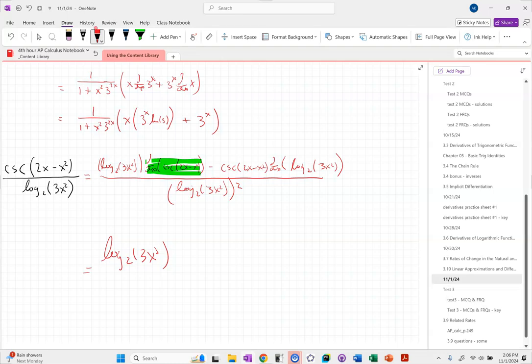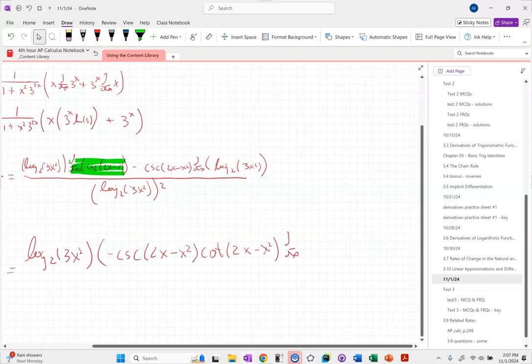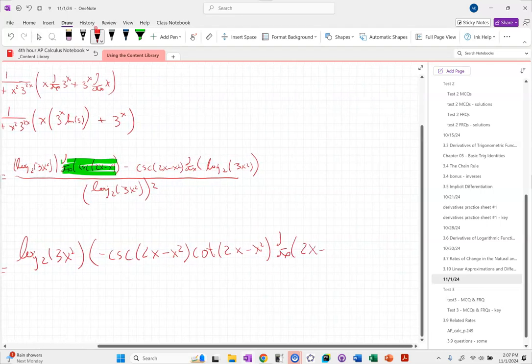There you go. But here the x is the inner function, right? And then we still have the derivative of the inside. I'm going to make that a bracket just so it's easier to see with all the parentheses there. Is everybody okay with what we did there?